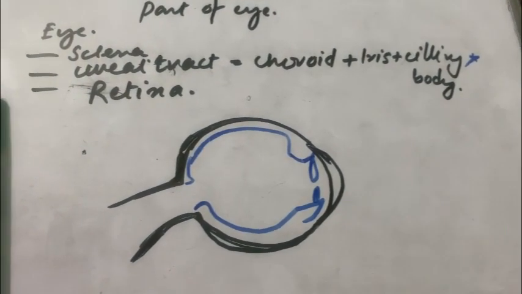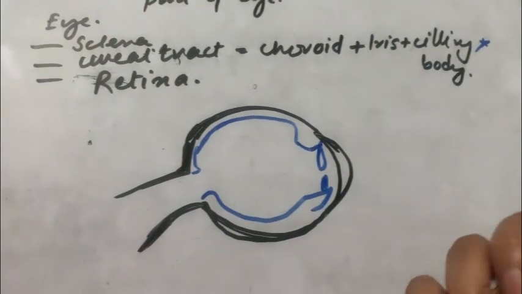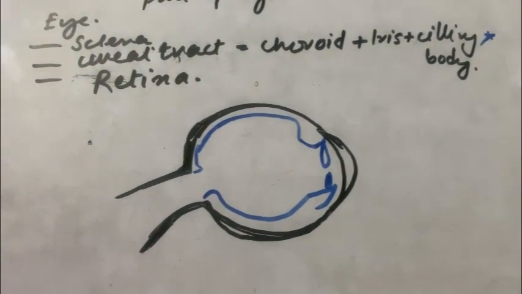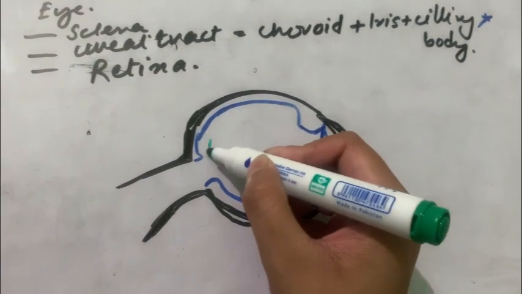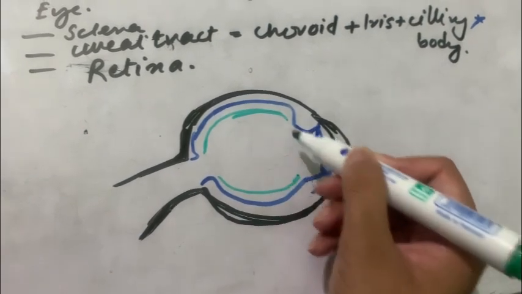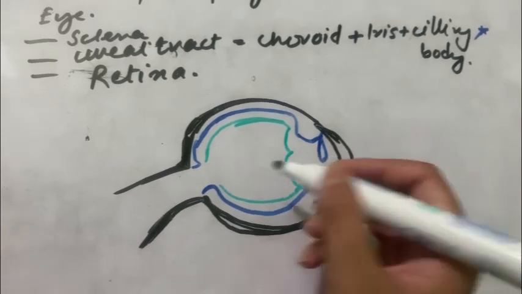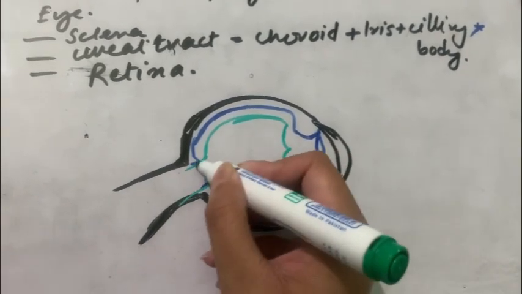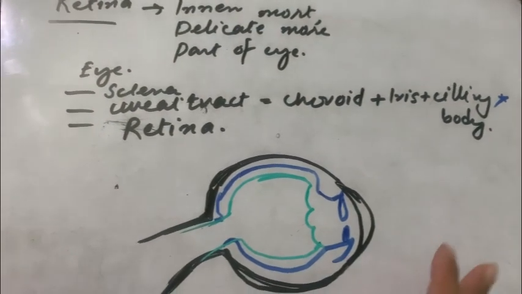Then talking about the innermost layer, the retina, I am going to draw retina with this. So this is the inner layer of the eye. Okay, so this is up to the basic anatomy of the eye.